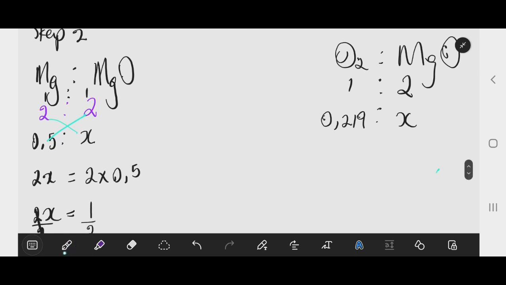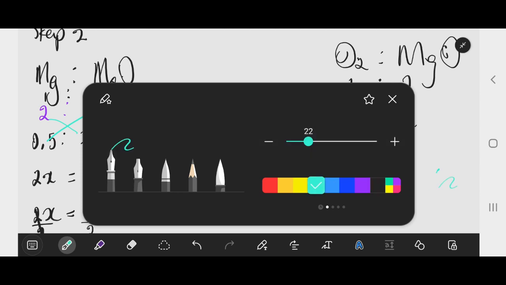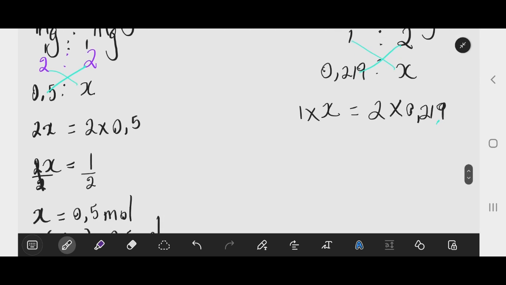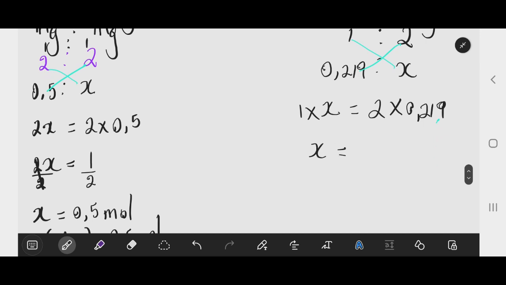So here we cross multiply, and that would be 1 times x equals 2 times 0.219, that is 0.438 moles.